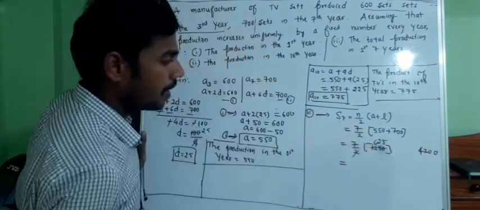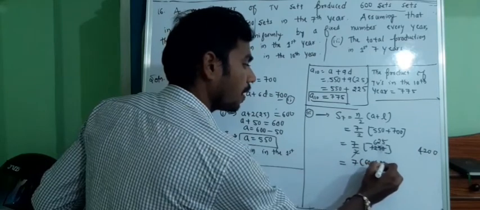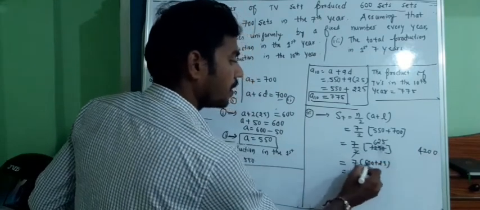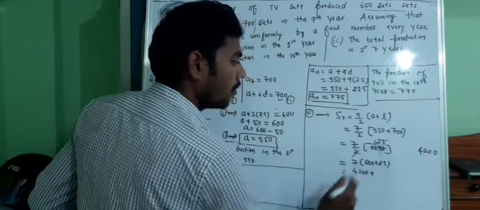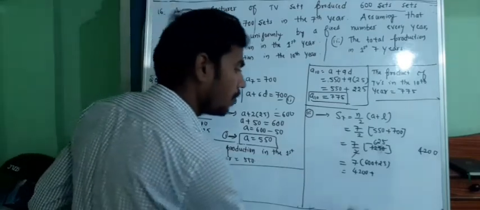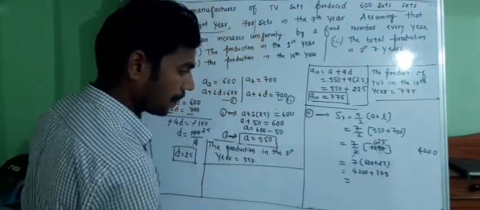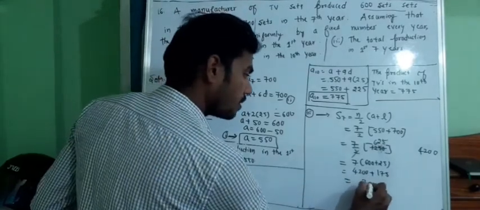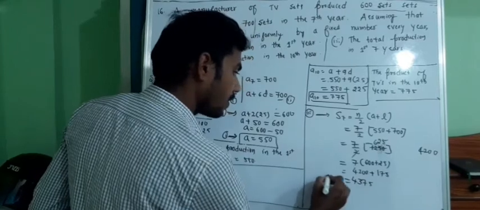600 into 7. Or else I'll write one more step: 600 plus 25. 7 6s are 42. 4200. 25, that is 625, will give me 150. 7 into 25 will give me 175. Which is equal to, I'll write 75 as it is, 2 plus 1, 3, 4375.